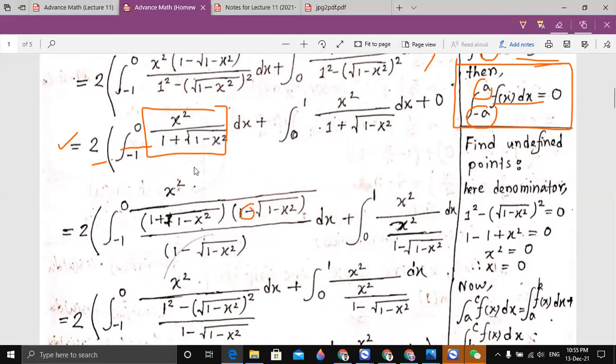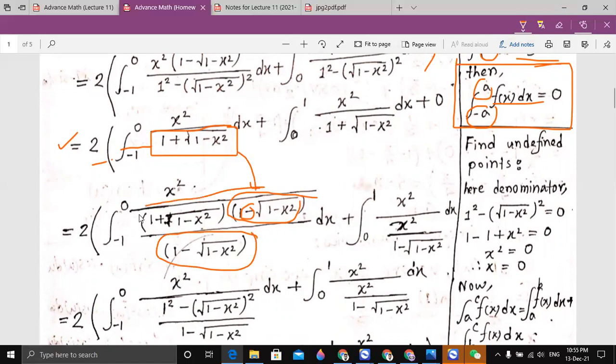Now we will only work with the denominator. So we call it the conjugate. We multiply the denominator with the conjugate, okay? So on the upside, we multiply with the conjugate, and also on the downside, we multiply with the conjugate, okay? So this part is only for the denominator.